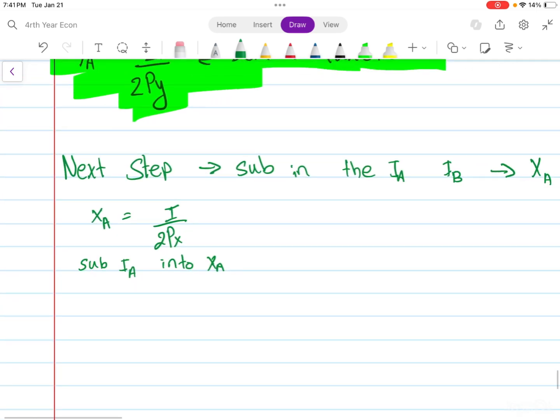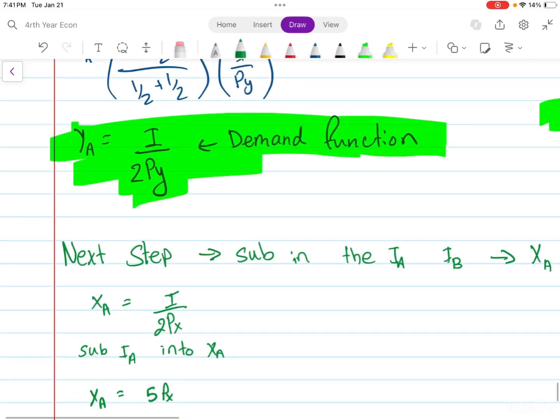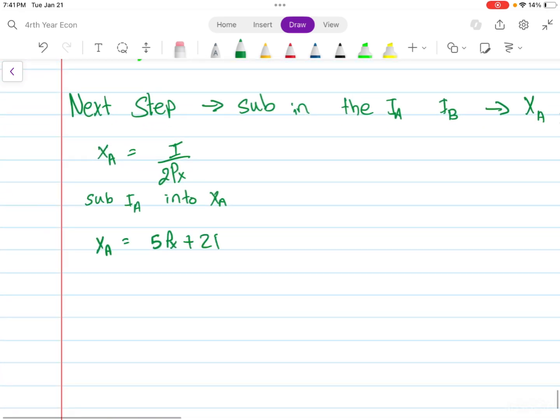So we're going to take XA equals 5px plus 2py over 2px. And then after solving for x, we get 5 over 2 plus py over px.